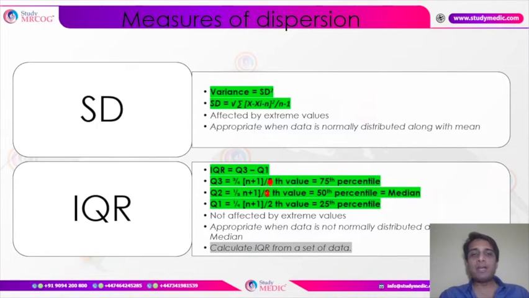Quartile 1 is calculated as 1/4 of the n plus 1th value, called the 25th percentile, when n is odd. It is again not affected by the extreme values, and it contains 50% of the data within it. So it is used appropriately when data is not normally distributed, along with the median.